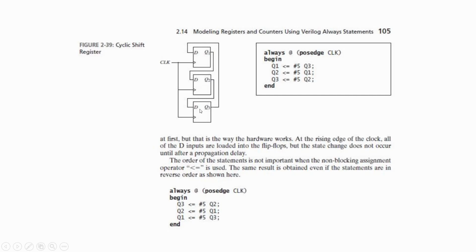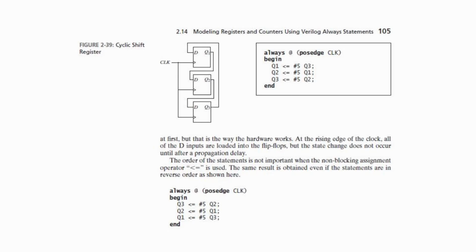So what happens is we turn these flip flops on and off. This is how the hardware version of our flip flop works. At the rising edge of the clock, all of the inputs are routed to the flip flops, but the state change does not occur until after the propagation delay.